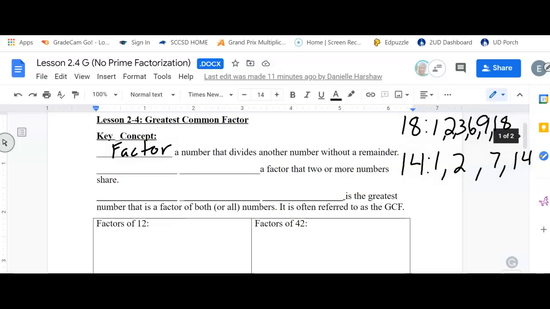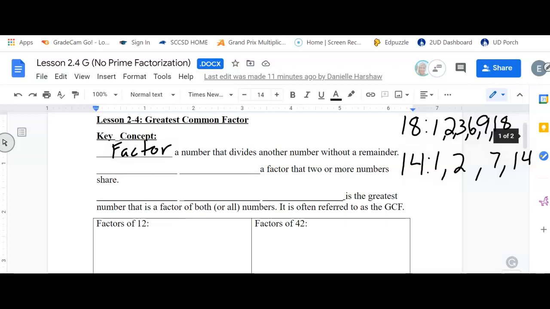Now, the second one in our guided notes says blank blank. A factor that 2 or more numbers share. It's in GCF. A factor that 2 or more numbers share. Chloe? You got it.